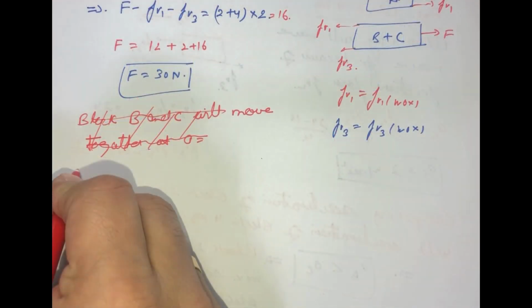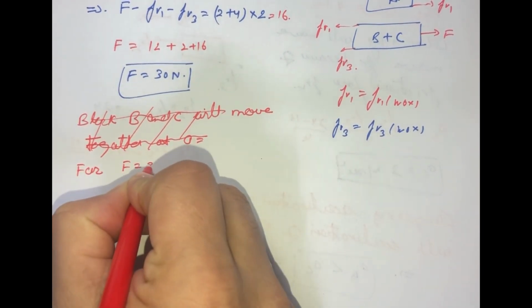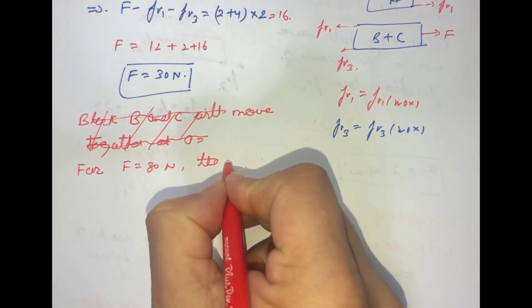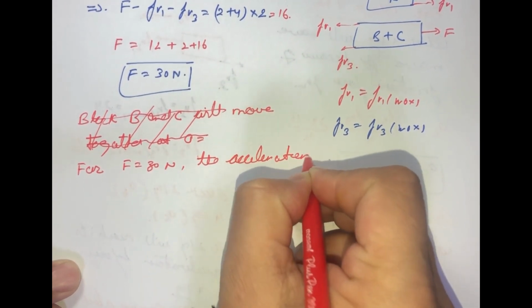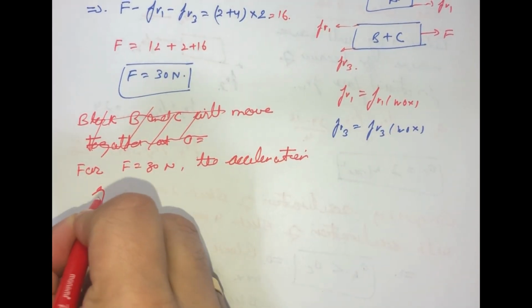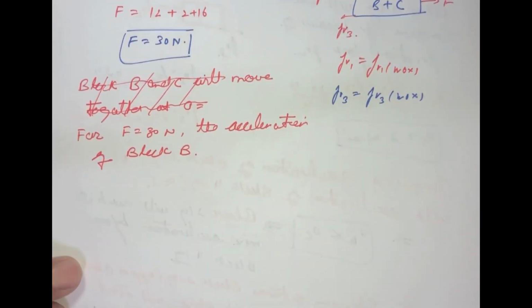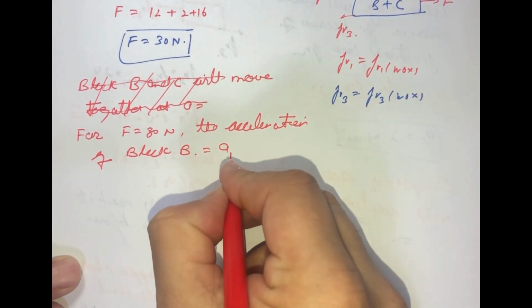Okay. So for this value of force 30 Newton, let's find out what will be the acceleration of block B. So for F is equal to 30 Newton, the acceleration of block B, let us suppose that is given as AB.